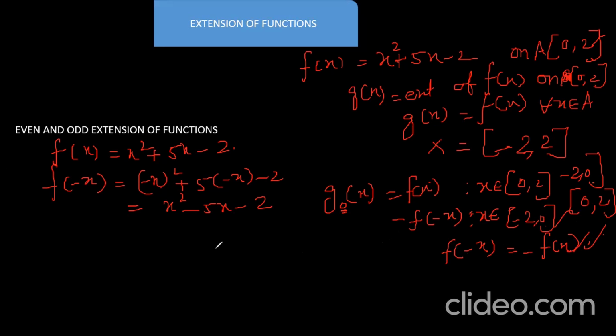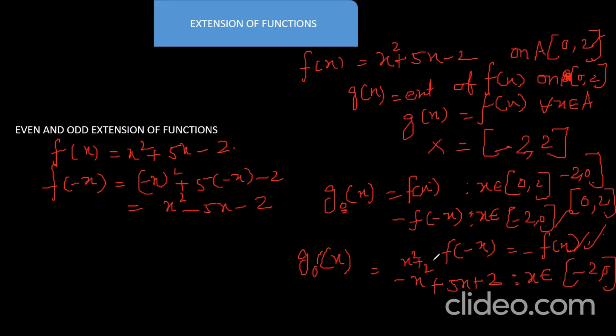Let me take here g o of x, if I find, minus x square plus 5x plus 2 such that x belongs to (-2, 0). Am I right? Whereas for the positive part you will get the same value, x belongs to (0, 2). This is the difference we got. Got it? Very good. Let us observe the next question.